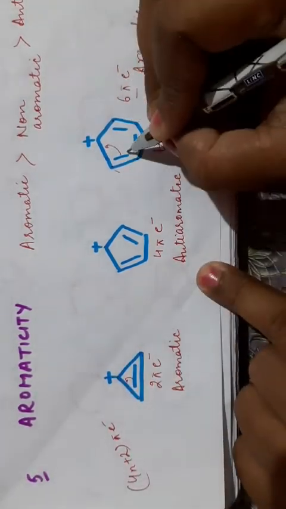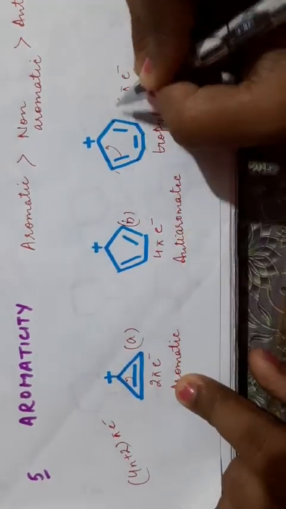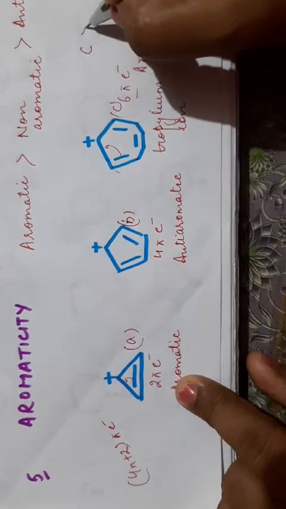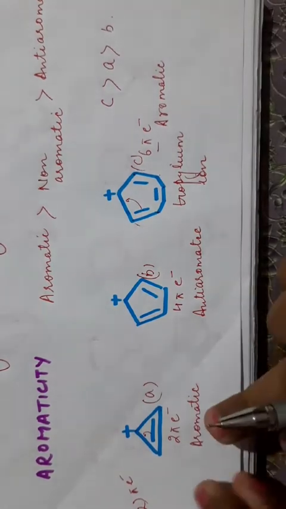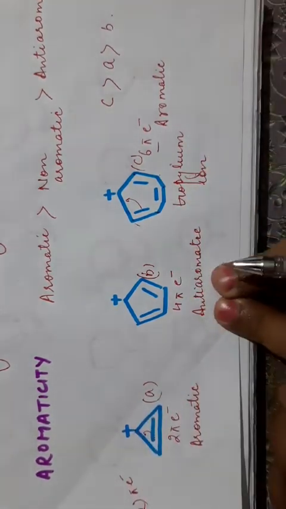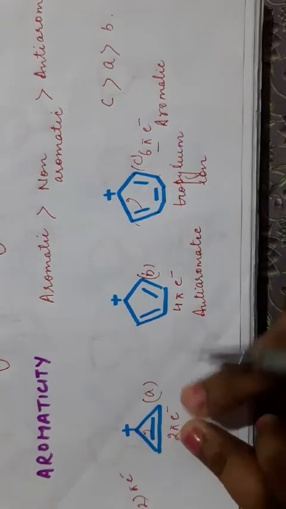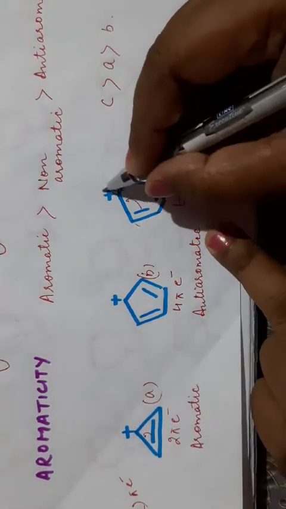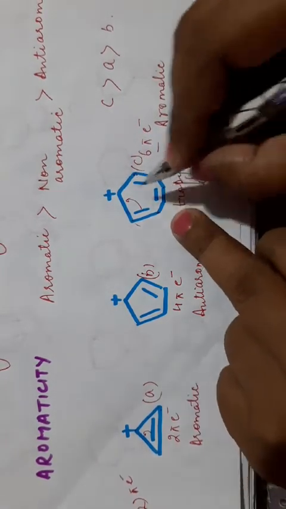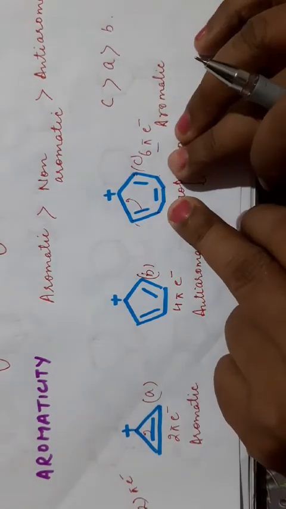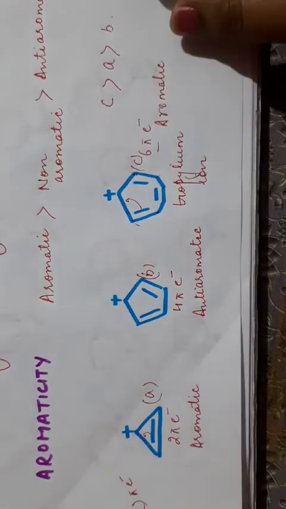So if we denote them A, B and C, maximum stable will be C, then A and then B. So aromatic compounds are more stable than anti-aromatic. All of them have positive charge. It has 2 pi electrons, it has 6 pi electrons. The positive charge can circulate over more number of carbon atoms, and the ring strain is less. Angle is more, so strain will be less in this case. So it will be the most stable structure, C, A, B.